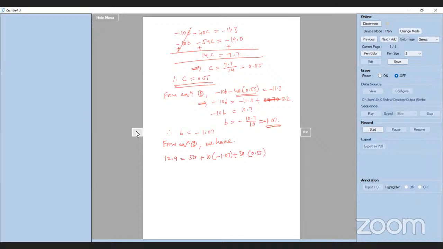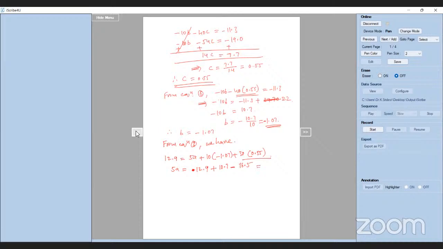Now simplify this equation. 5A is equal to 12.9 plus 1.07 into 10, that is 10.7, minus 0.55 into 30. What is this value? 16.5.